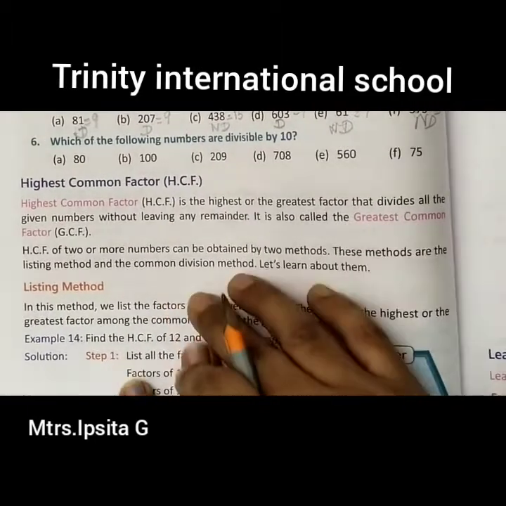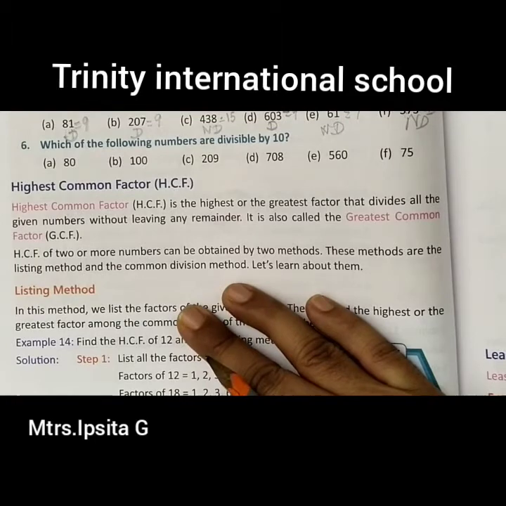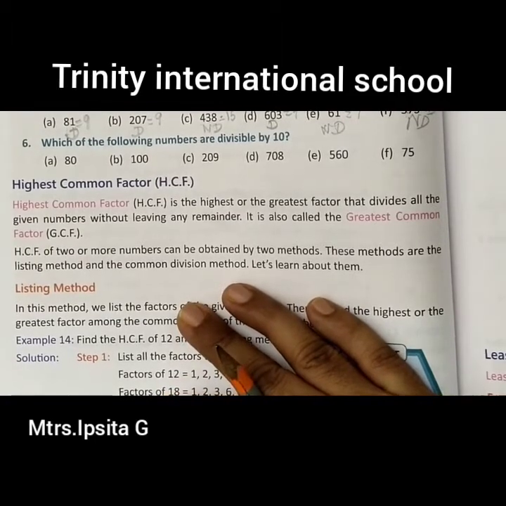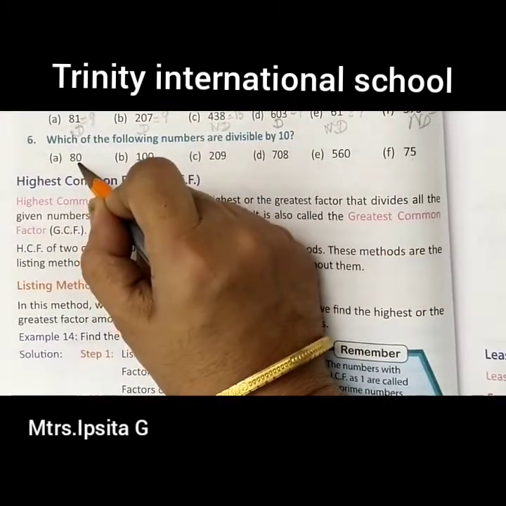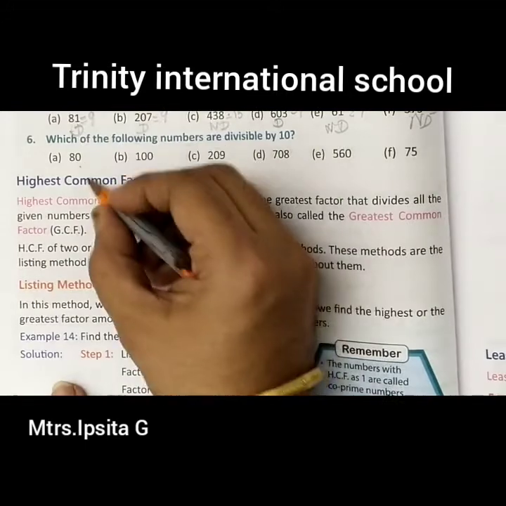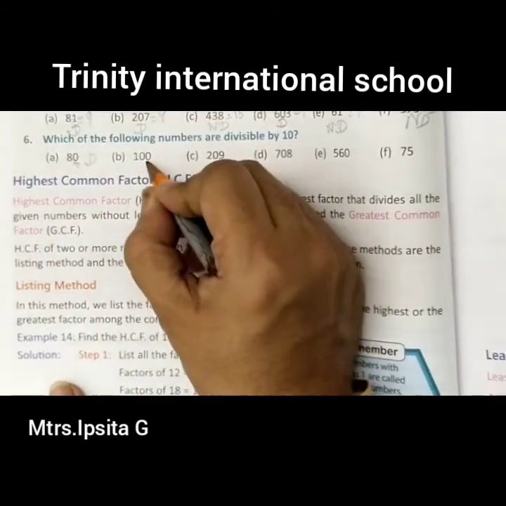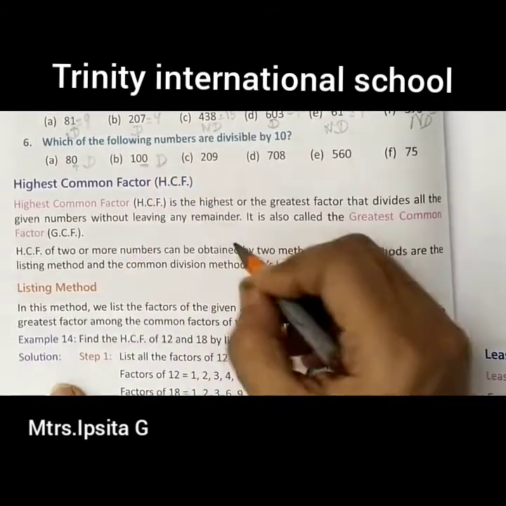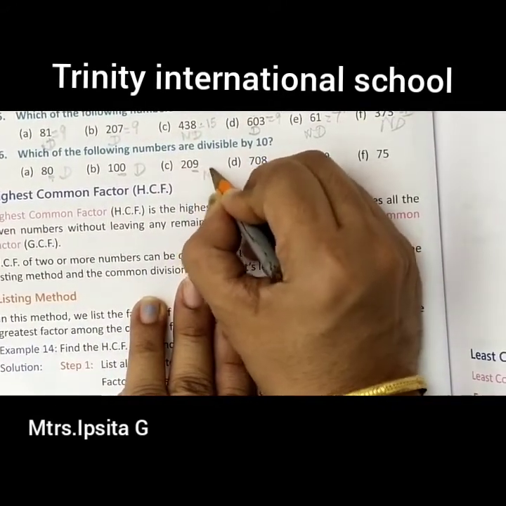Okay, now the next divisibility test is about divisibility of 10. So in 10 you have the rule that if the unit place has 0, then only the number is divisible by 10. तो आप यहाँ पर देख सकते हो यूनिट प्लेस 0 है तो ये डिविजिबल है, यहाँ पर भी यूनिट प्लेस 0 है, ये भी डिविजिबल है, यहाँ पे यूनिट प्लेस है 9, सो नॉट डिविजिबल.